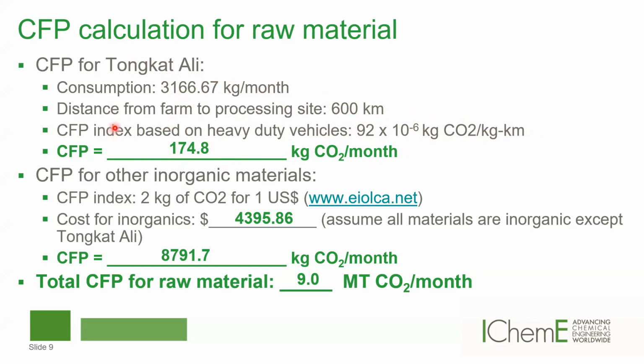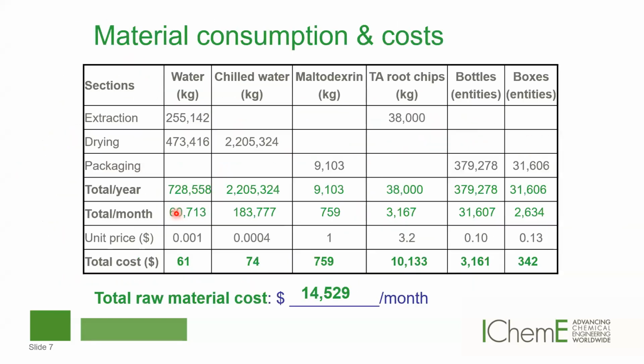How about the other inorganic materials? This would refer to the others. That was for the Tongkat Ali, and the other inorganic materials would be water, chilled water, maltodextrin, bottles, and boxes.